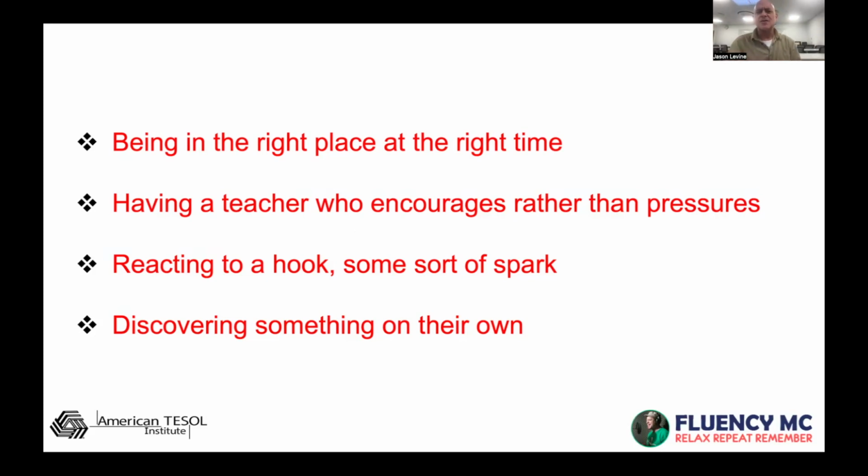Do you encourage students to be in situations where they'll get into English, because being in the right place at the right time doesn't happen to everyone? Or are you a teacher who says things like, and I used to be one of these teachers, so don't feel bad if you agree with me, oh, English is out there, just go get it.